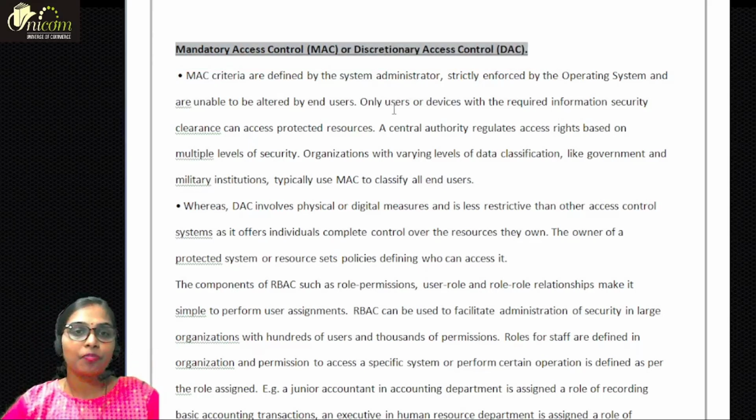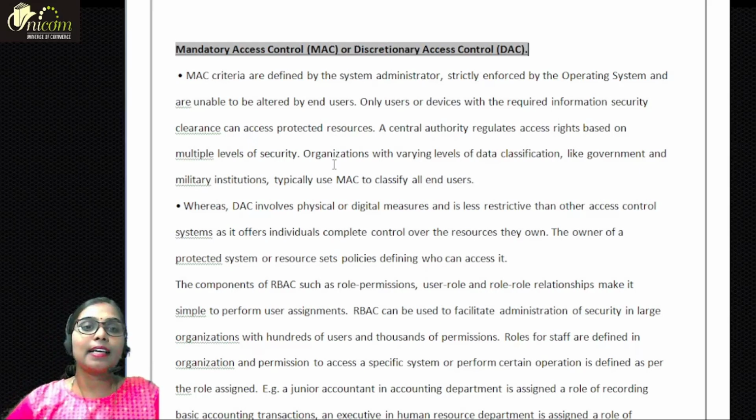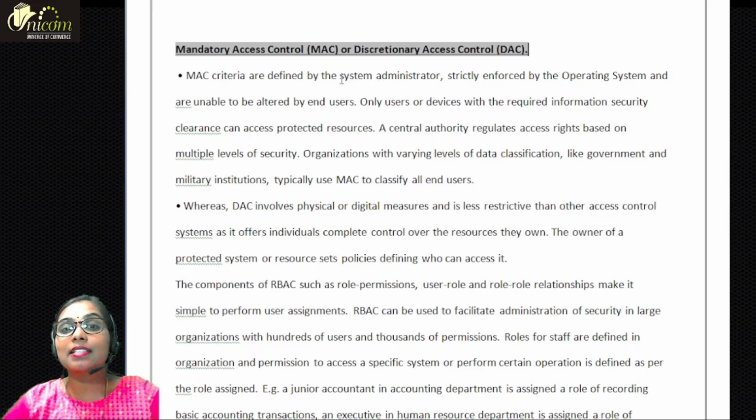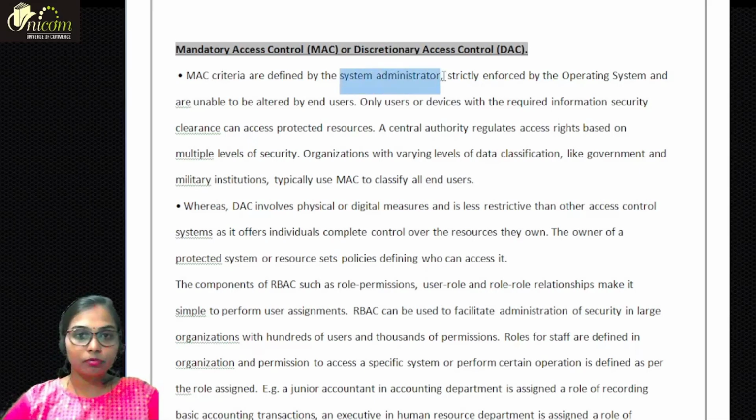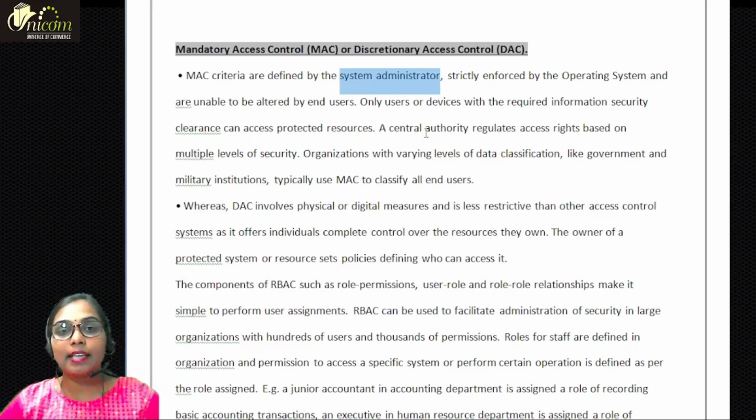वो क्या है? In short I'll tell you, mandatory access control means it is being defined by the system administrator. ठीक है, मतलब ये जो भी कंट्रोल करता है ये वाला बहुत ही सिक्योर्ड होता है और it is like very important and it is very much secured and very much protected.